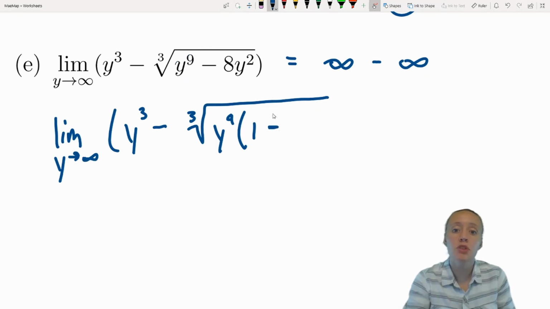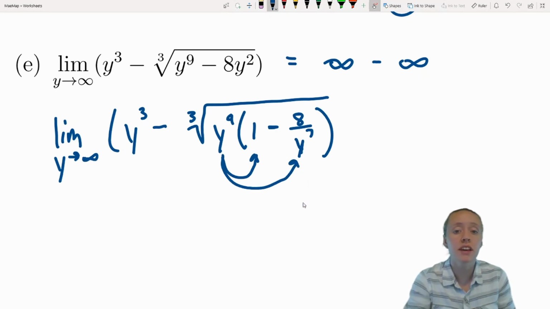And I'm going to be subtracting, pulling a y to the 9th out of 8y squared is going to leave me with 8 over y to the 7th. And you can see, again, if I distributed that y to the 9th in, I'd have y to the 9th minus 8y to the 9th over y to the 7th, which is 8y squared.